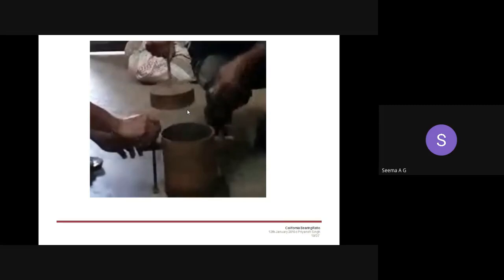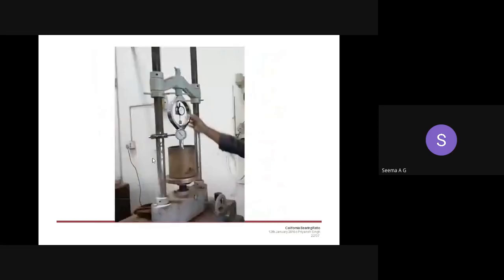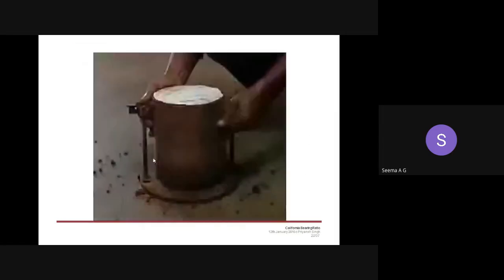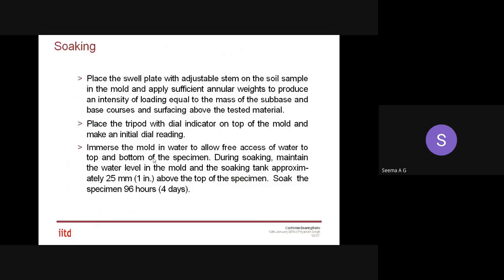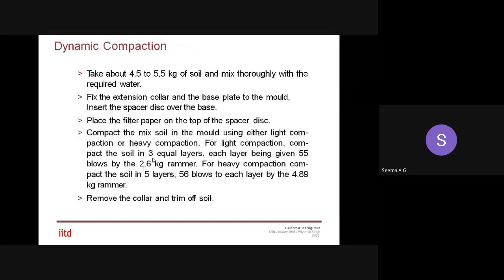Second one is the compaction. For compaction, you can have either static compaction or dynamic compaction.